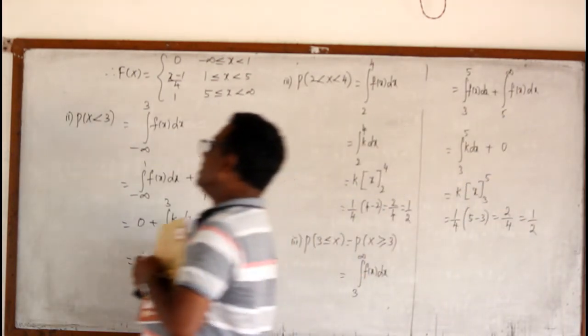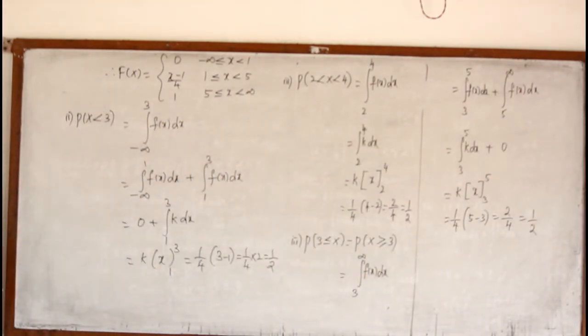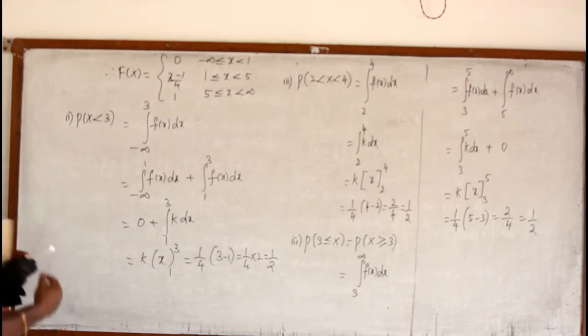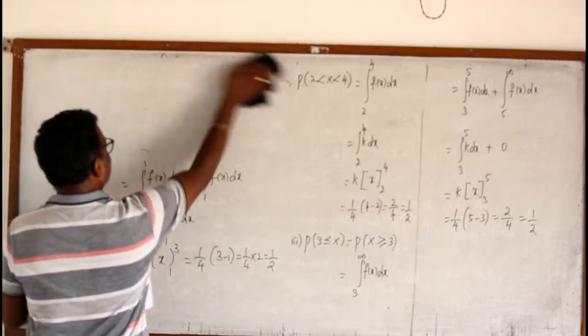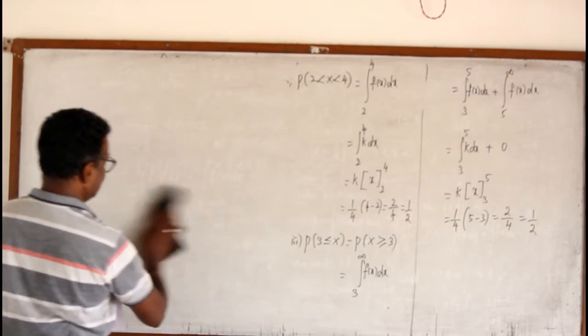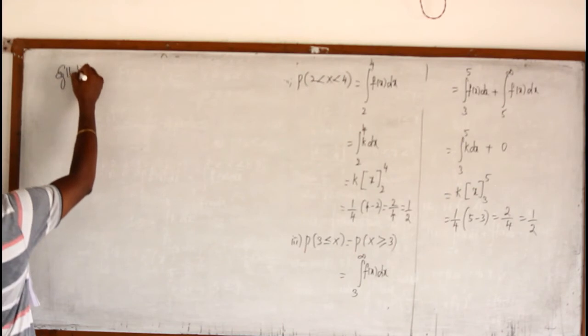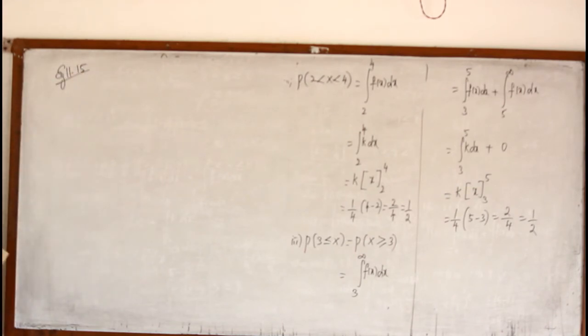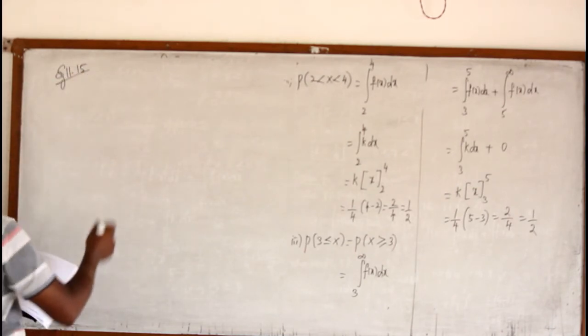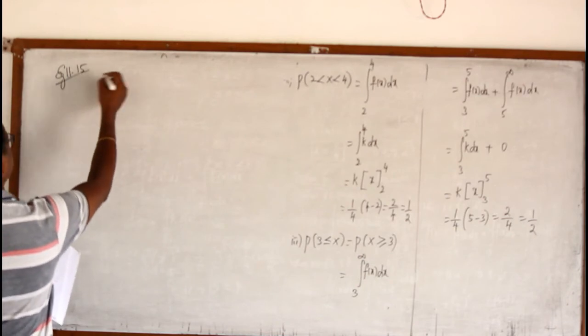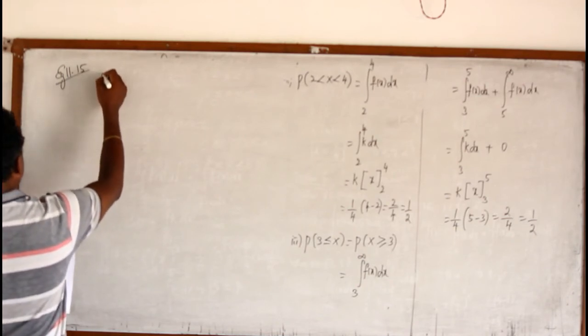So with that, example 11.14 is over. Now we should go for an important problem, Example 11.15. Let x be the random variable whose PDF is given.